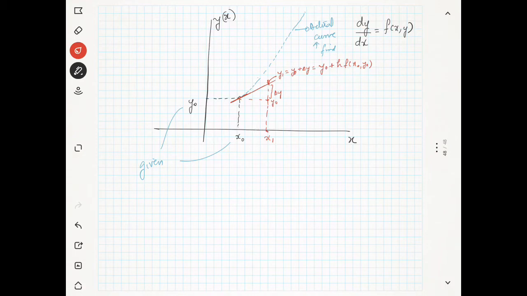This was the technique that we used in Euler's method. You can see that there is a large error here. The actual solution is somewhere here and you are getting a solution somewhere here.